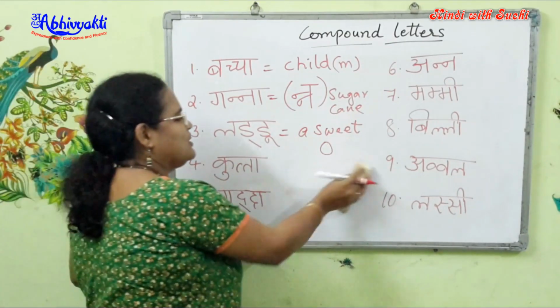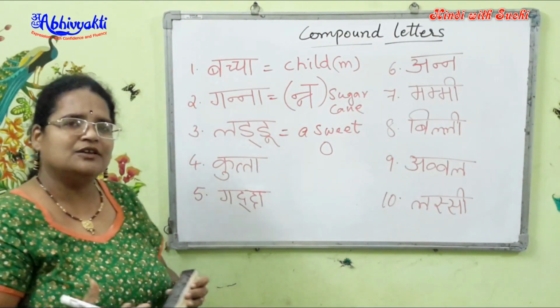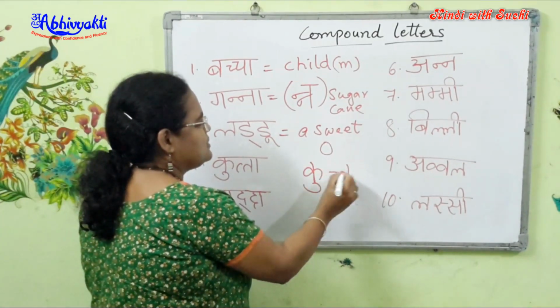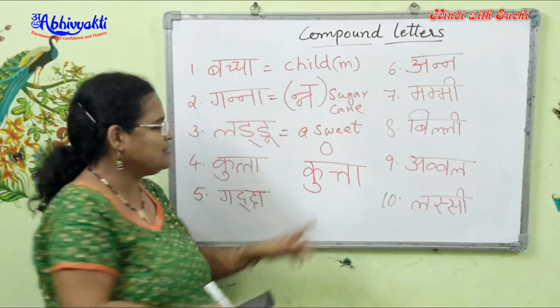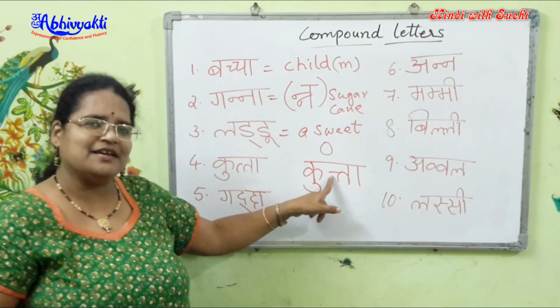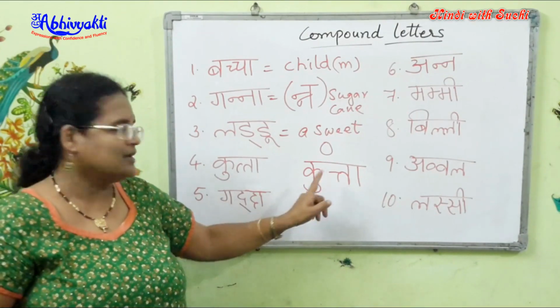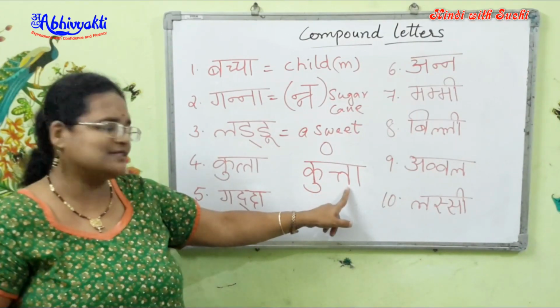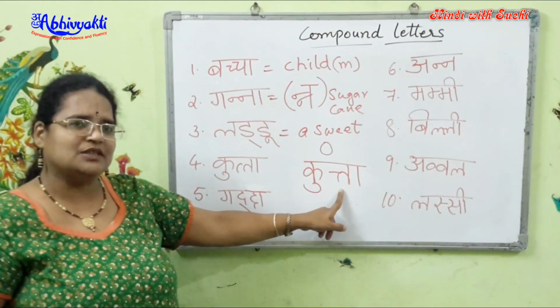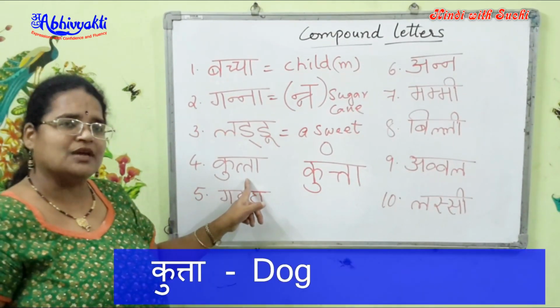Now this is again the modern spelling, but the old spelling is to just have the th with a small line, and this line indicates that it's the double t. So kutta, the old spelling is this, and this is the new spelling. Kutta.